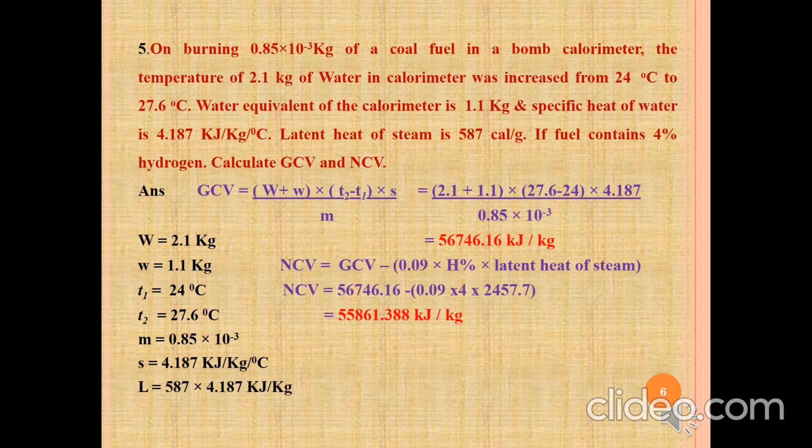So you have to write the formula to calculate GCV, which is given by GCV equal to (W plus small w) into (T2 minus T1) into S divided by M. So substituting into the formula, 2.1 plus 1.1 into 24 minus 27.6, or we can say it's T2 minus T1, 27.6 minus 24 into 4.187 divided by 0.85 into 10 raised to minus 3.